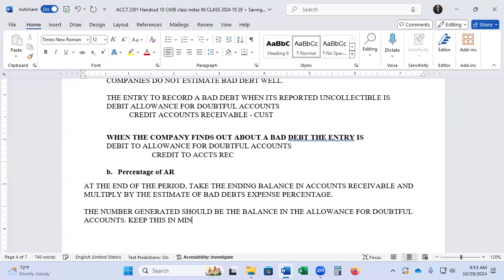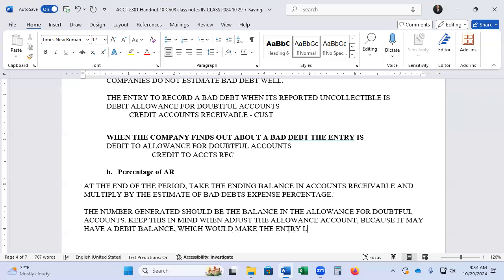Keep this in mind when adjusting the allowance account, because it may have a debit balance, which would make the entry larger than the number calculated.